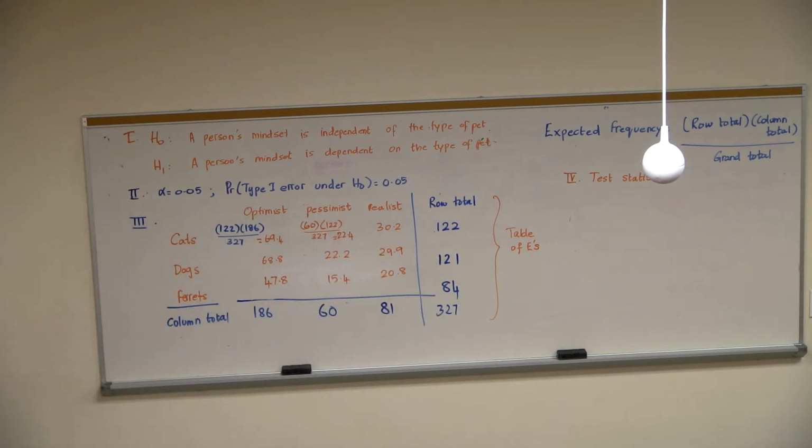When we had a bunch of O's, a bunch of E's, and we wanted to find the test statistic, how did we find that test statistic?